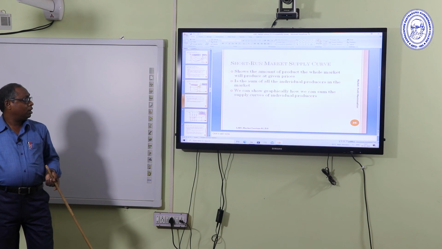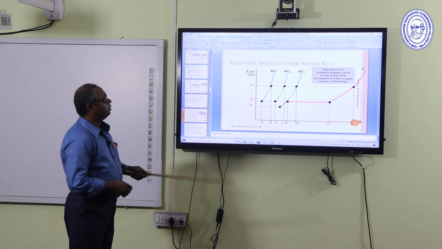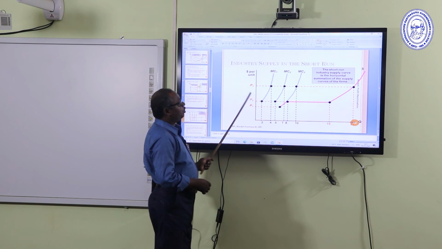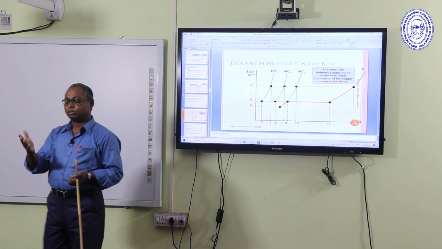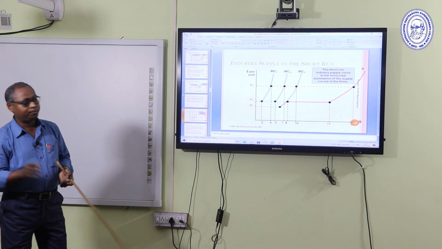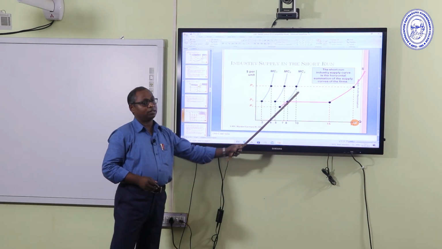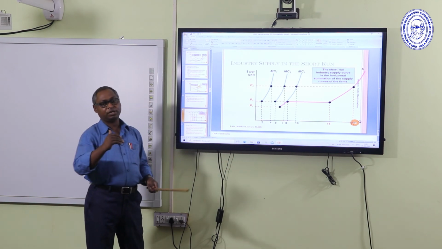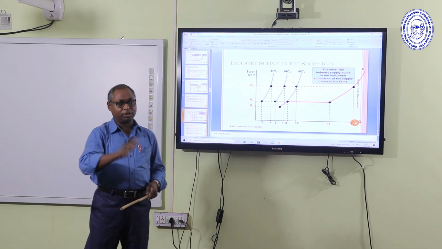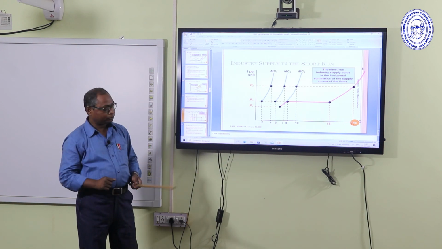And now lastly, for this class, I will explain the short-run supply curve of the industry. Up to now, we got the short-run supply curve of the firm. If there are n firms, suppose in this figure there are 3 firms. So there are 3 MC curves, and only the rising part of each MC curve above the minimum point of AVC is the supply curve.